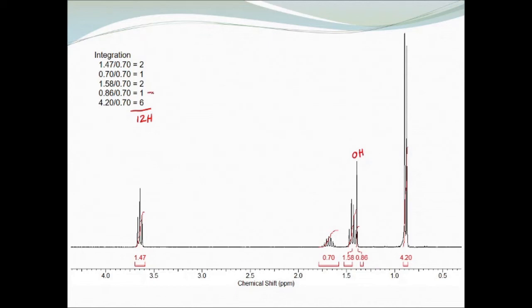So this peak is our alcohol. And then we would use chemical shift to determine the other peaks. Again, this is out here around 3.7 ppm. This is in the alkoxy region. So this is our OCH. Specifically, because the integration is 2, it is an OCH2.